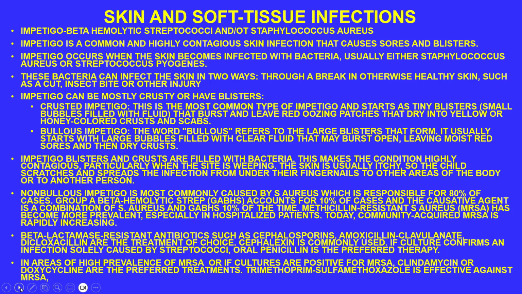Non-bullous impetigo is most commonly caused by S. aureus, which is responsible for 80% of the cases. You have to keep in mind that group A beta hemolytic strep, abbreviated GABHS, accounts for 10% of all the cases, and the causative agent is a combination of S. aureus and GABHS in about 10% of the time.